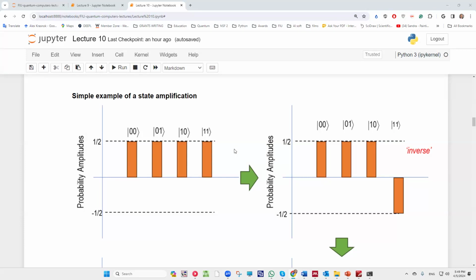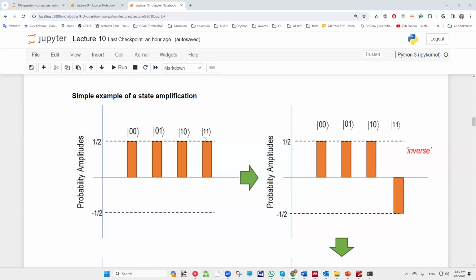And now, if you continue this logic, if you apply this procedure to a system of 100 qubits, for example, then you would be able to search for an element among a huge number of elements, over 2 to the power of 100, with just one call to the system. This number is larger than the number of particles in the visible universe.